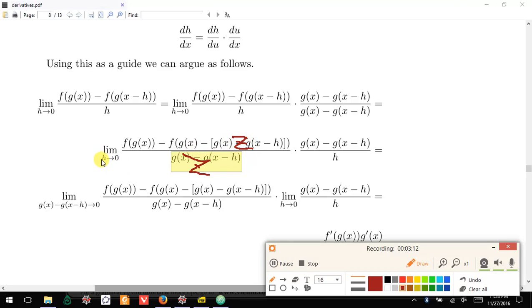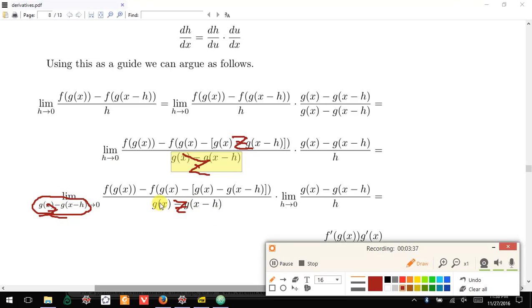And we want to be talking about where z goes to 0, as is standard in the definition of the limit. But notice, as h goes to 0, you get g of x approaching g of x, and you're taking the difference, so it does go to 0. So really, as h goes to 0, this thing also goes to 0, and we might as well just regard it as some variable that goes to 0.